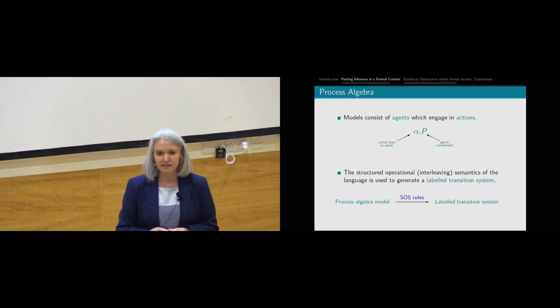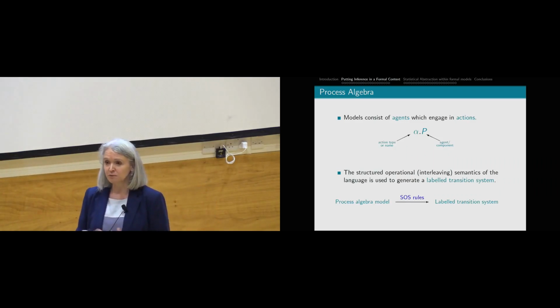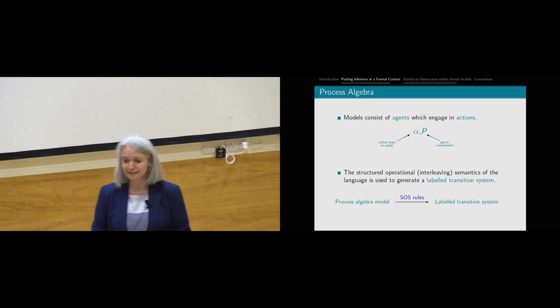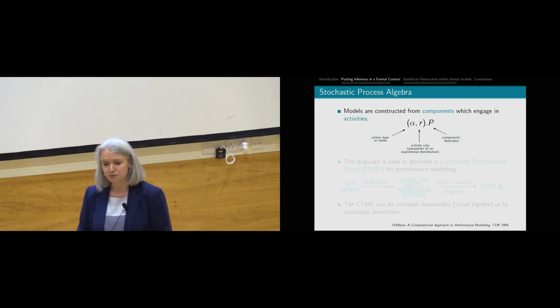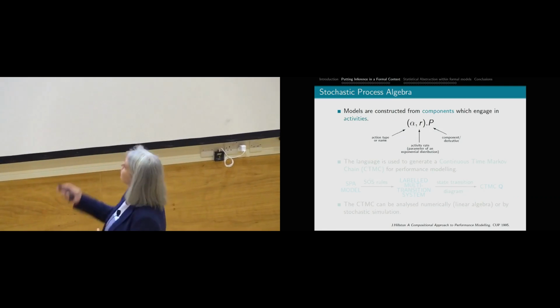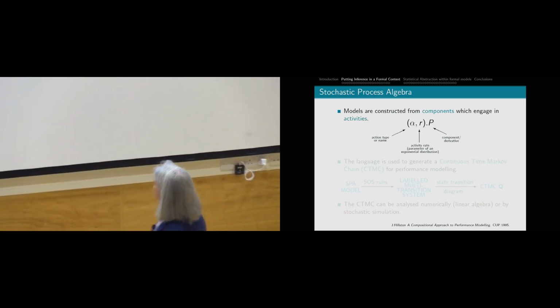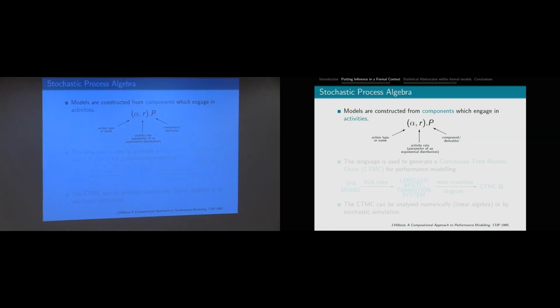So classic process algebras such as CCS and CSP focus on the possible actions without any notion of timing or probability. But I'm particularly interested in stochastic process algebras where we enhance our actions to also have a notion of rate. So we have some idea of how long and how probable actions are.